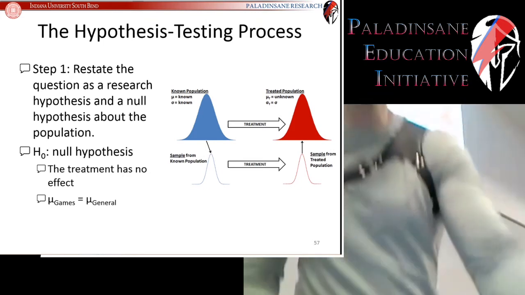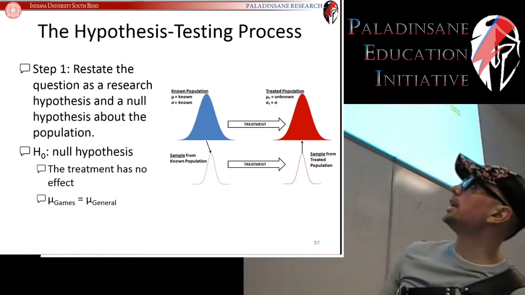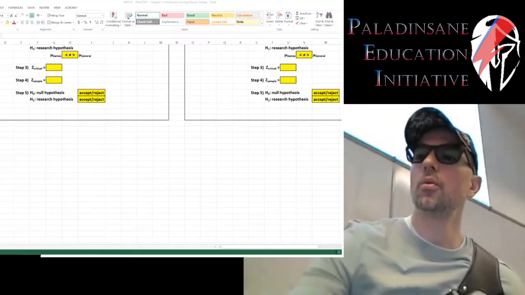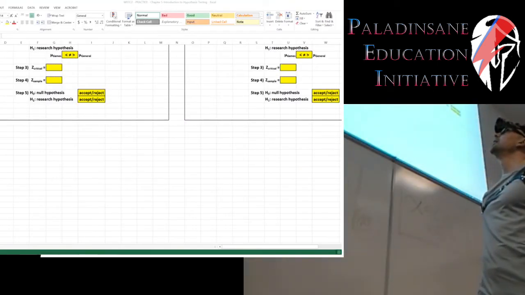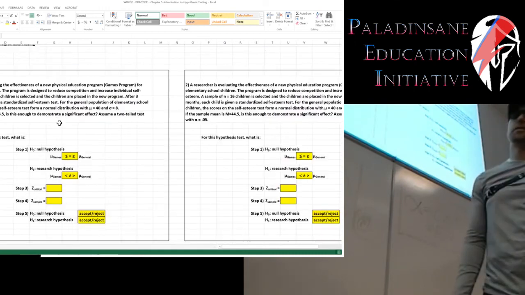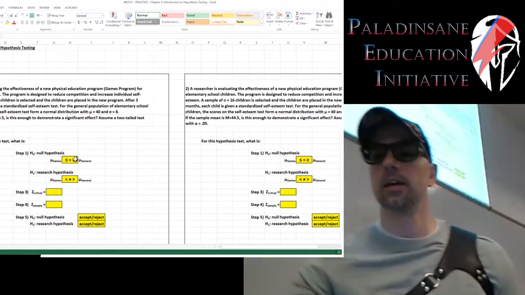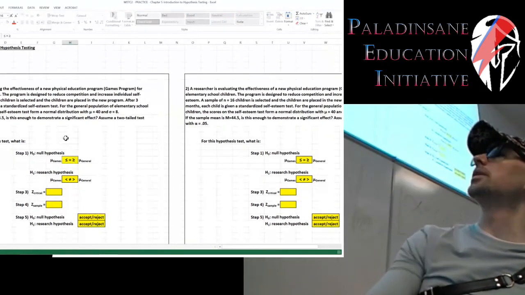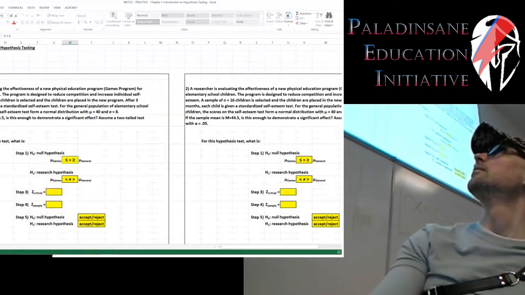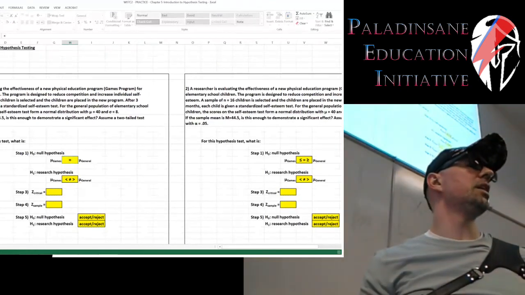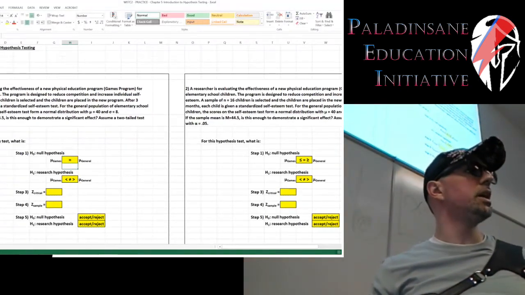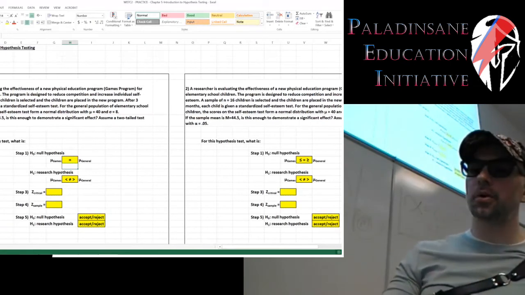And if we were doing this in a testing situation, just so that we are fully aware on this, you would want to go here, and for your null hypothesis, you would want to erase the part that you don't need. So that indicates that the mean of the games program equals the mean of the general program.